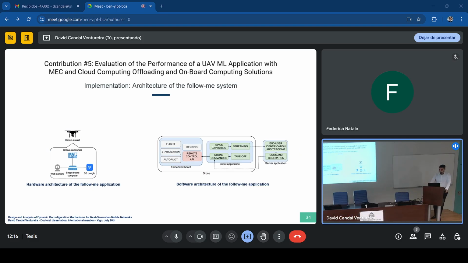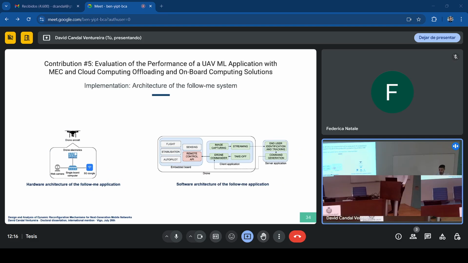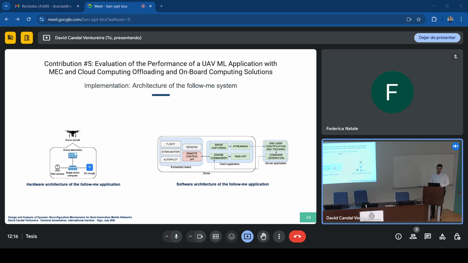This is the architecture of the end device, the drone. In offloading setups, it was embedded with a Raspberry Pi and with a web camera to capture the image to be streamed. And in the evaluations, we used a 5G network. We also embedded a 5G modem.